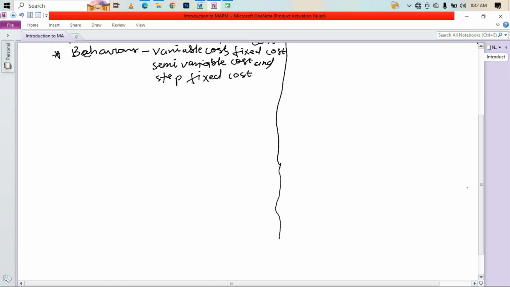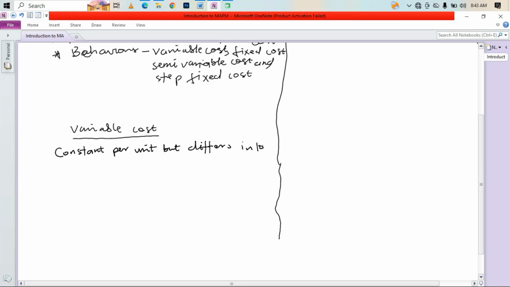Variable cost is constant per unit, but differs or changes in total. So if we are producing 1 unit, the variable cost of 1 unit will be constant, it will be the same. For example, let me take an example.